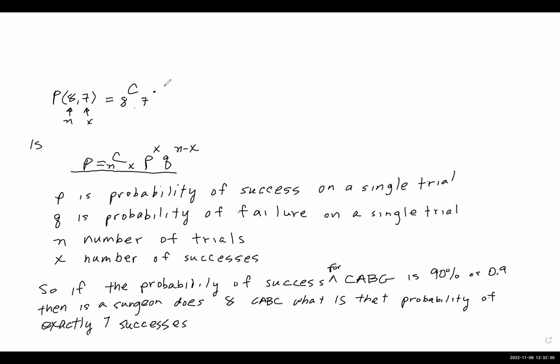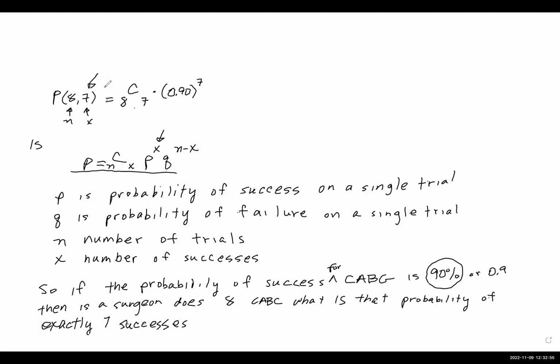Now, times the probability of success we were given down here somewhere, 90%. And it's raised to some exponent. What's the exponent on the P? X. So that's the 7th power. See the X here? That's the exponent for the probability.